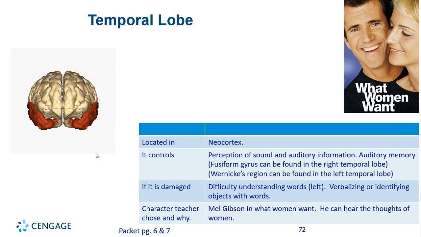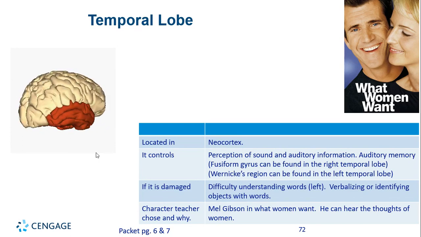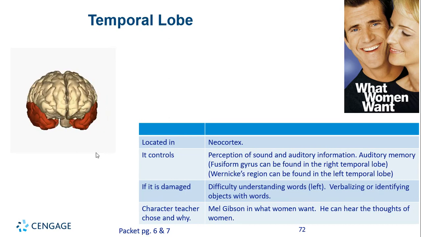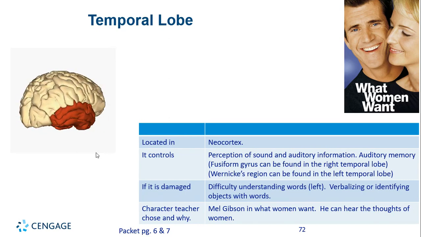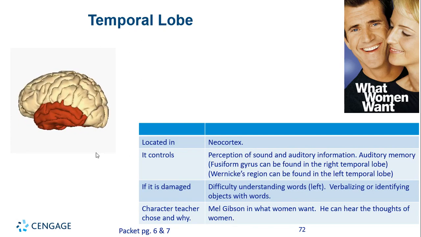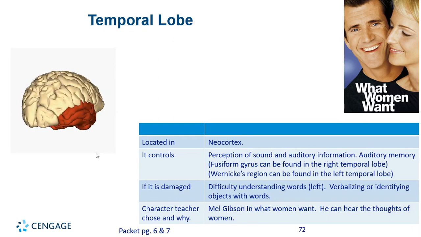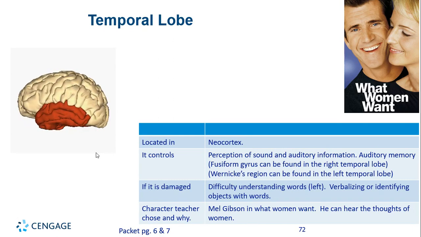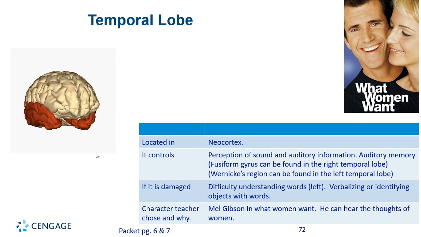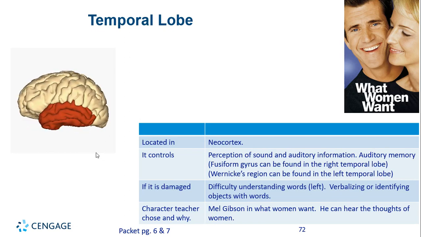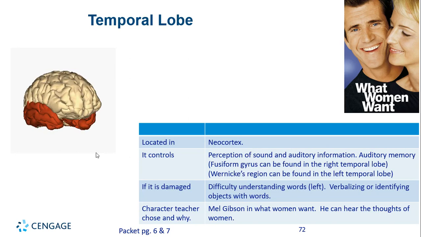When we talk about understanding language, right now I'm speaking to you and you don't just hear the sounds I'm making, you understand those sounds as concepts, as a meaning. And only one of your temporal lobes can do that. And that is your left temporal lobe.